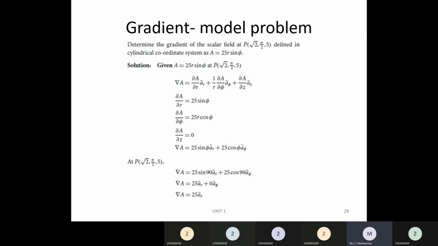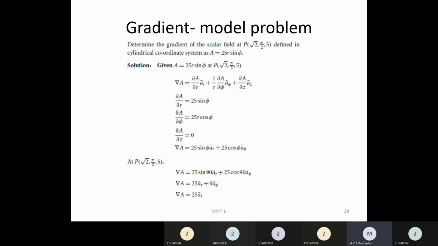When you have two values with the angle in between, it is a cylindrical coordinate system. If you have two angles, then it is a spherical coordinate system: r comma theta comma phi. See that concept clearly.